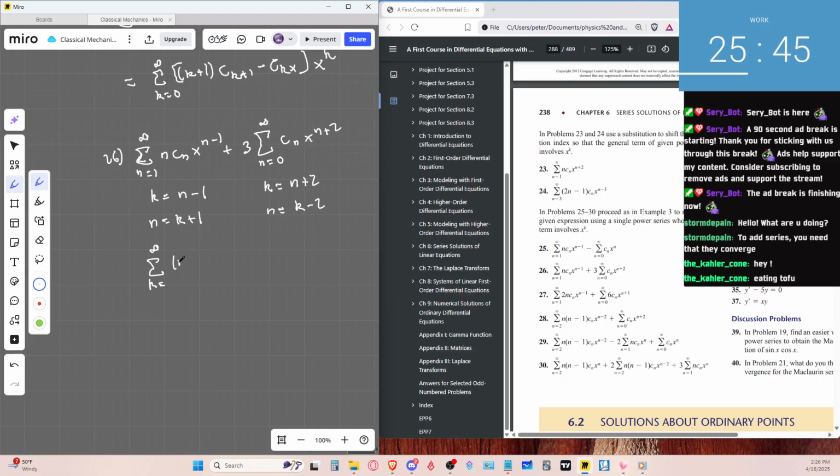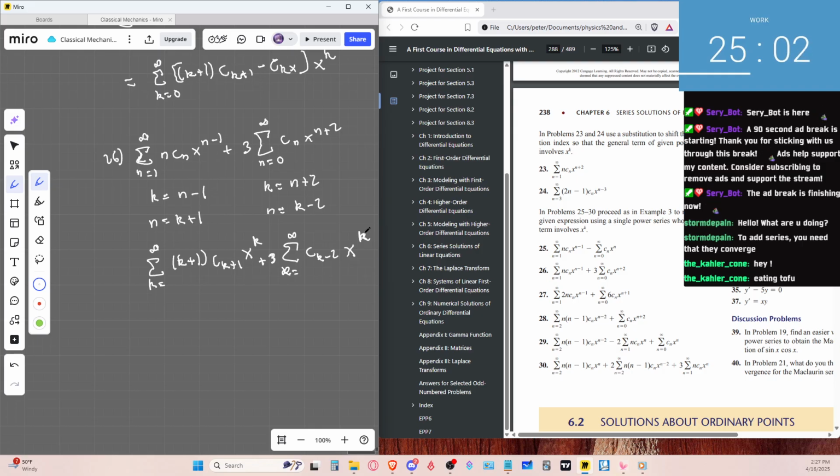So if n is k plus 1, and this one would be equal to k, then we have plus 3 sigma, and in this case we have c k minus 2, and then k has to equal something here, and then we have the minus 2, that would be just k.